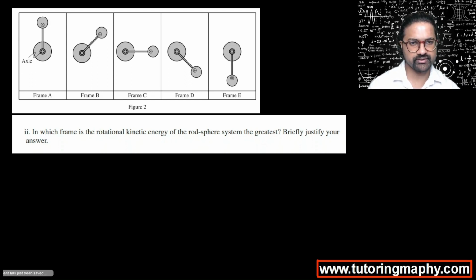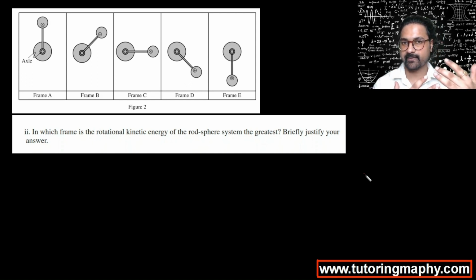And remember the system starts from rest, so the initial kinetic energy is 0. So can we say that the situation in which there is a maximum decrease in the potential will result in a maximum increase in the kinetic?